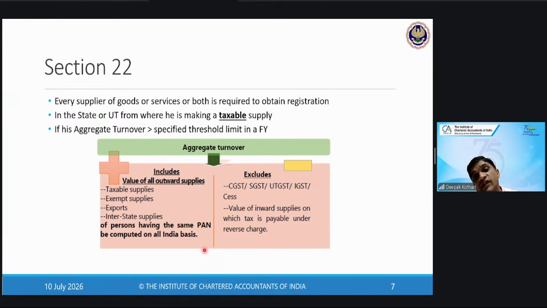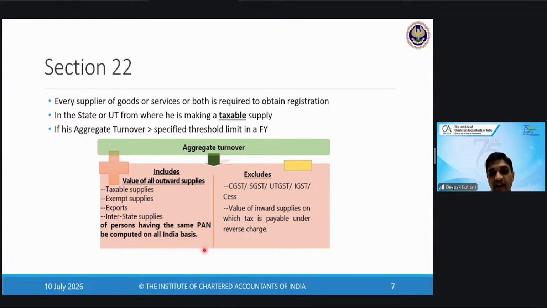It also excludes the value of inward supplies, because on certain inward supplies we have to pay reverse charge. Since I am paying tax on that, should I include that in my aggregate turnover? The definition clears it: on that you will claim the input tax credit, so you should not include it, because that's your inward supply. Aggregate turnover will be of the outward supply. So that's the definition of aggregate turnover.